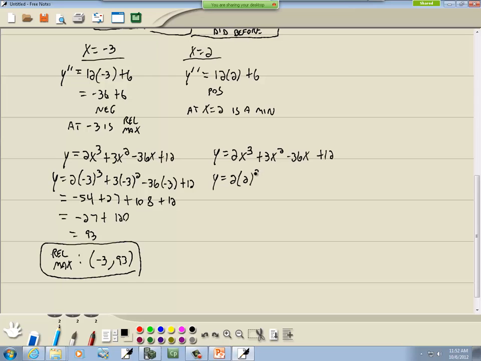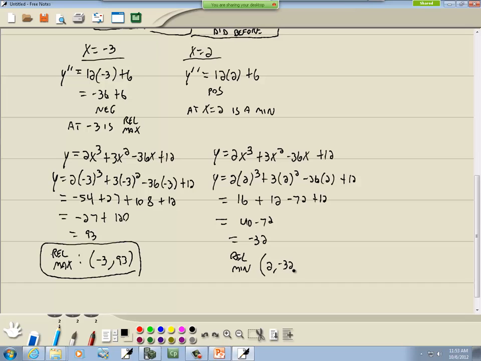So we got 2 to the third plus 3 times 2 squared minus 36 times 2 plus 12. 2, 4, 8, 16 plus 2, 4, 12 minus 72 plus 12. 12 plus 12 is 24, 40 minus 72, which gives us -32, I believe. Which means we'll have a relative min at 2, -32.